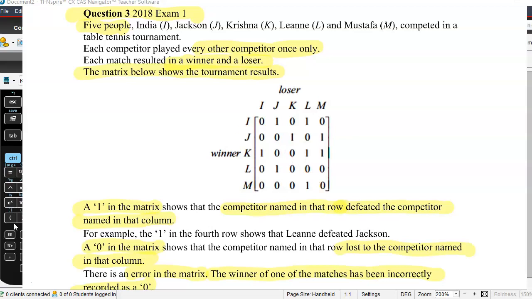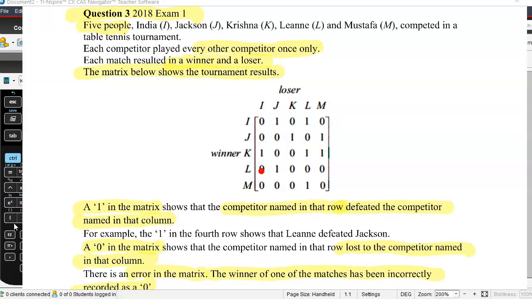So it's saying that India defeated Jackson. Let's come down here, and yes, that matches up, doesn't it? Because that says that Jackson lost to India. India lost to Krishna. Let's come down here. Krishna, yep, defeated India. India won against Leanne.